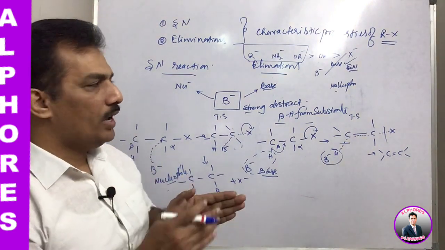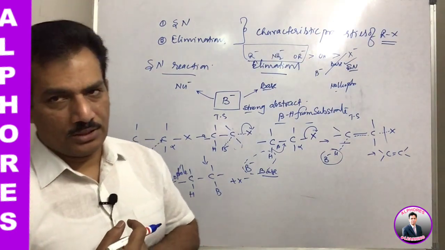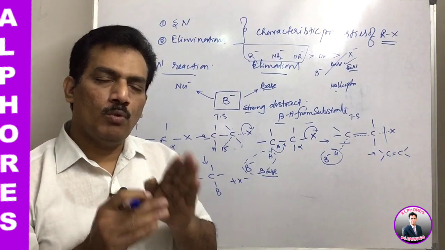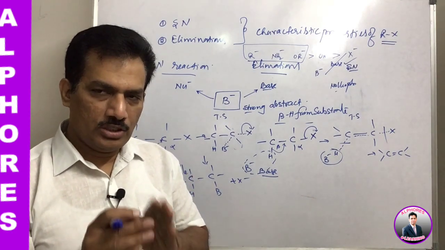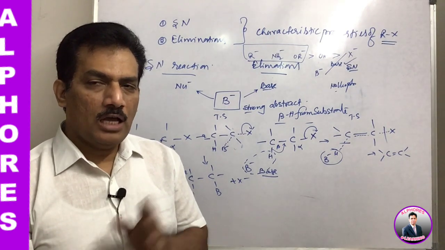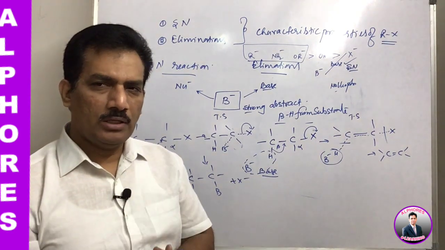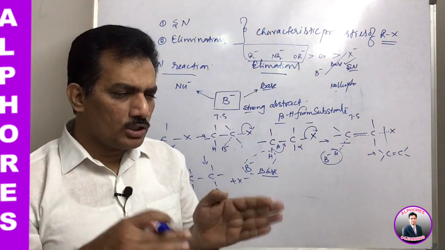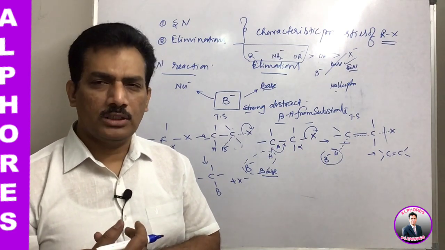That means OH minus and less basic than OH minus. How to get it? Any acid which is more acidic than H2O, like HCl, HI, HBr, all these are stronger acids than H2O. So as we know, as per Bronsted-Lowry theory, a weak acid will have a strong conjugate base.